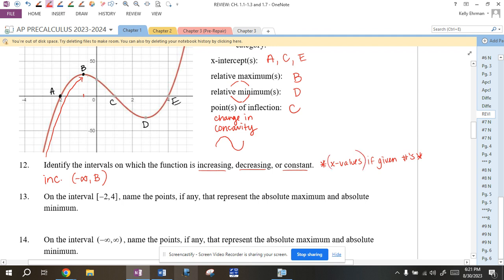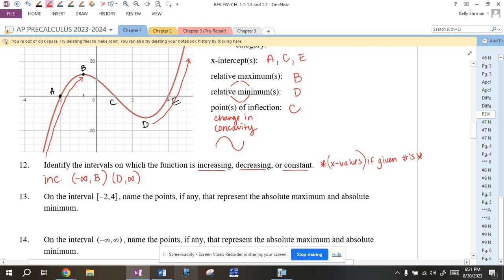These turning points are not considered increasing or decreasing. And then the graph decreases for a while. And then it looks like after point D, it starts increasing again without bound. So I'm going to say with parentheses, D to infinity. Again, if we could see that D was at like 3 or something, then we would say 3 to infinity.